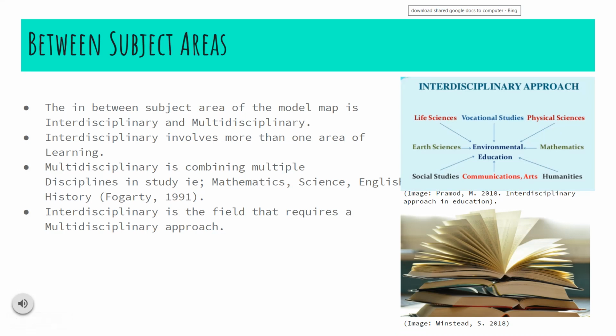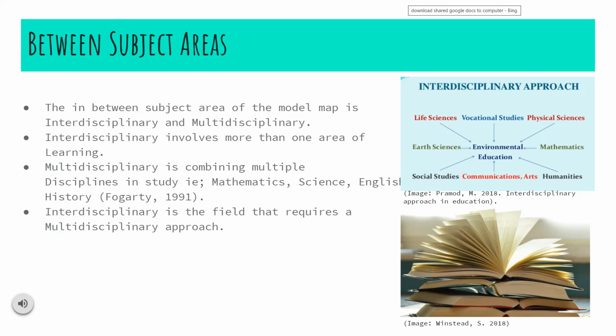And in the next slide, following on from the models of integration, we will be covering between the subject areas. So these dot points stating the in-between subject area of the model map is interdisciplinary and multidisciplinary. Following on from that, the interdisciplinary involves more than one area of learning.